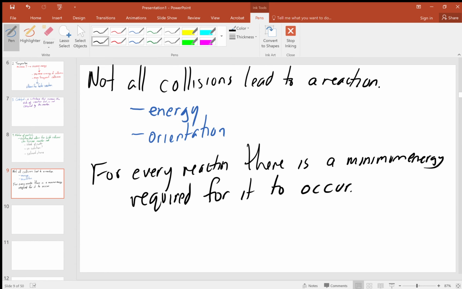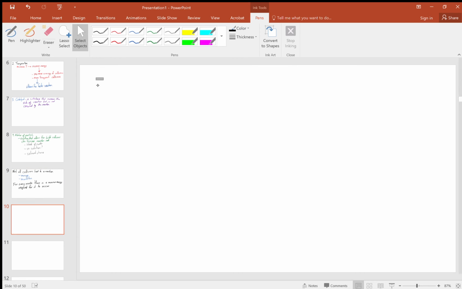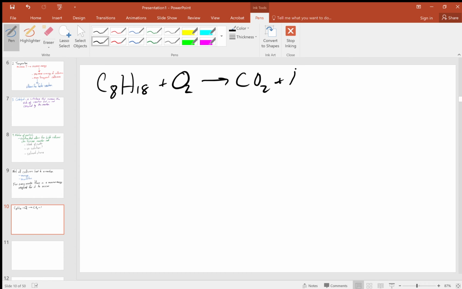Now you might be asking, aren't a lot of reactions what we call exothermic? Exothermic is a term that means the reaction gives off energy. But if you think about it this way, we've used this example many, many times in this class for many different things, so we'll use it again. We know that octane, or more specifically isooctane, is able to be burned as fuel for our cars.